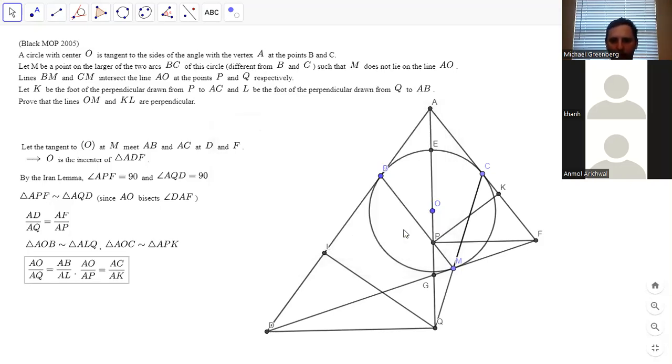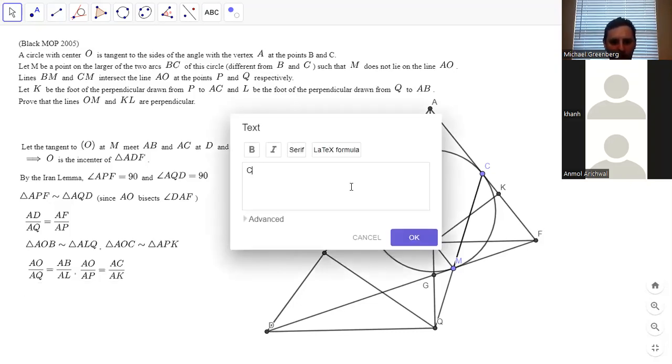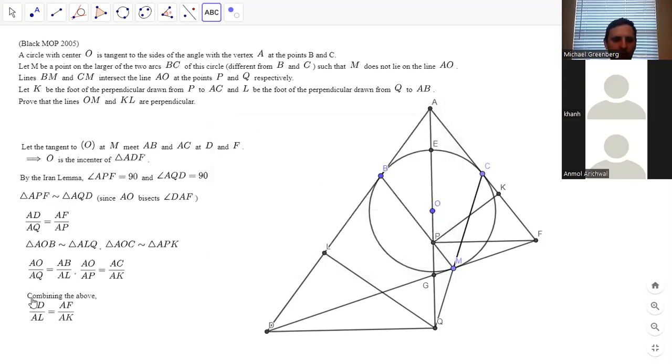So then combining the above, AD over AL is AF over AK. And so KL is parallel to FD.